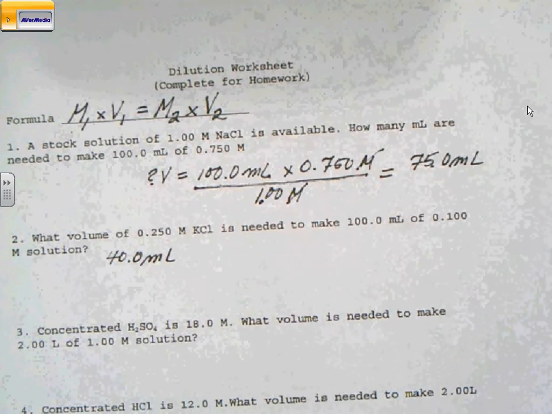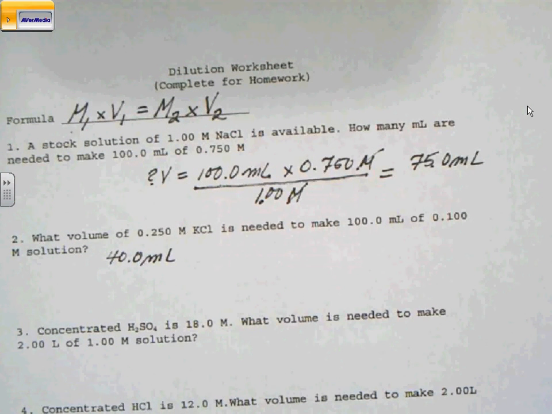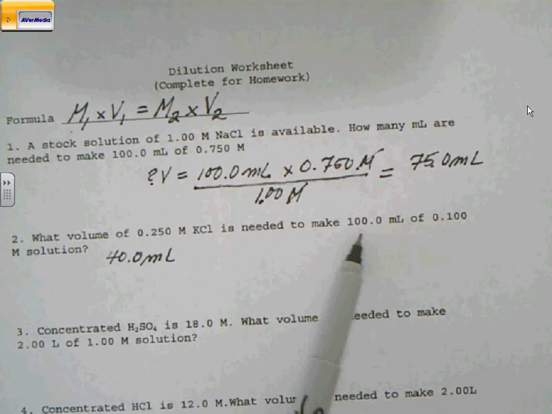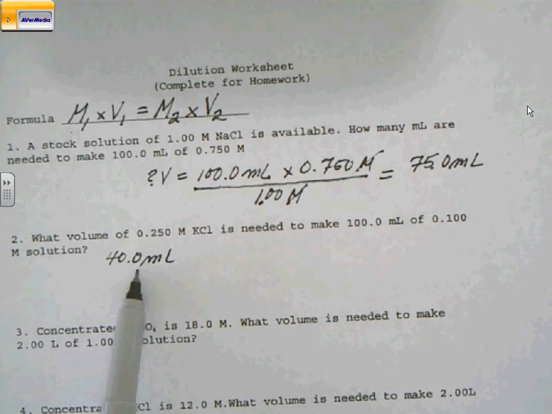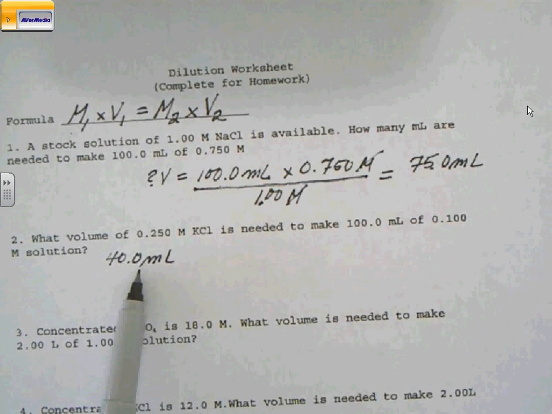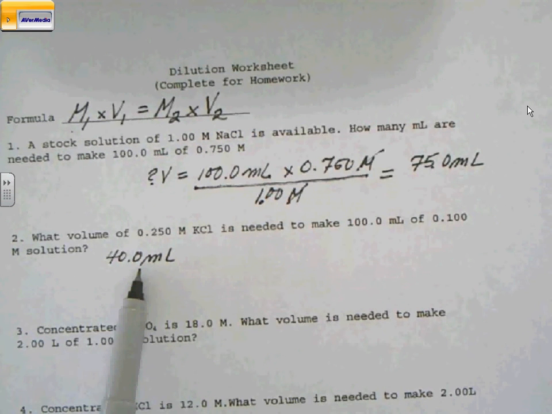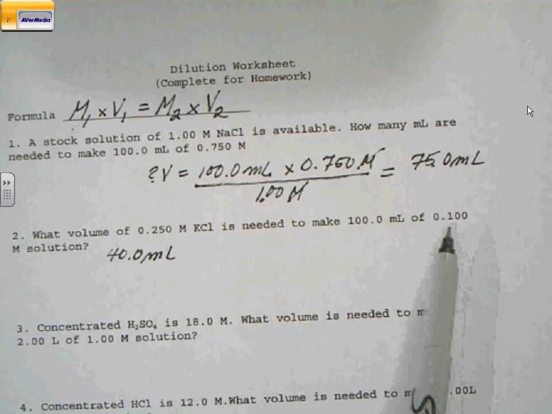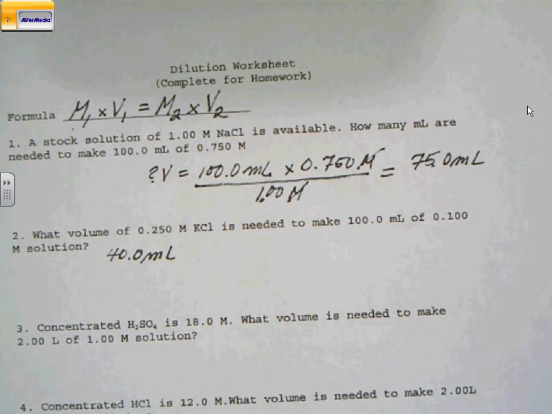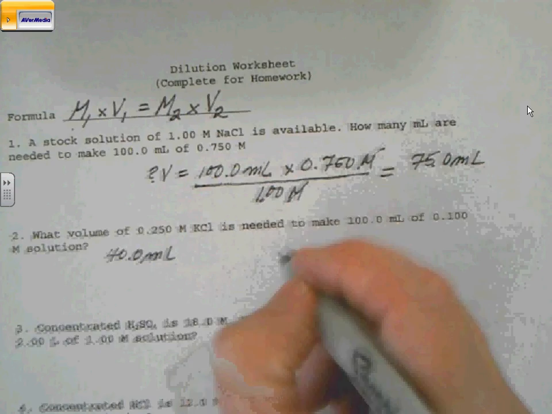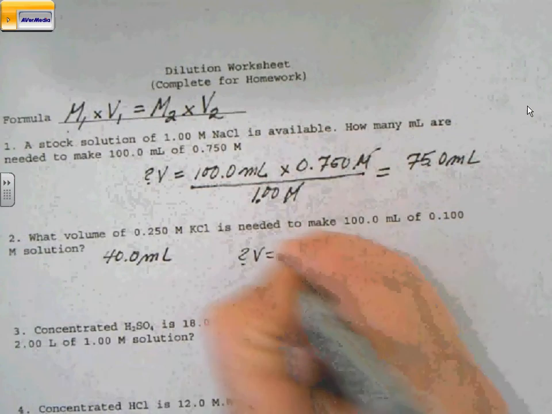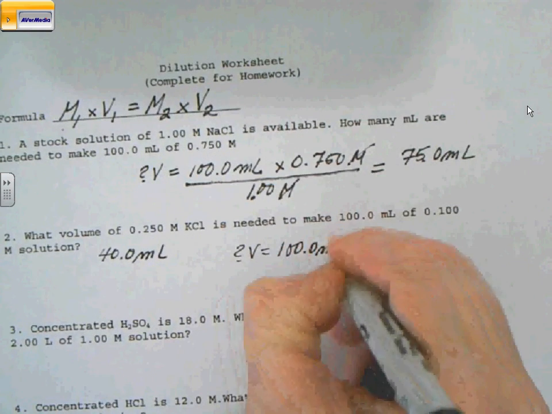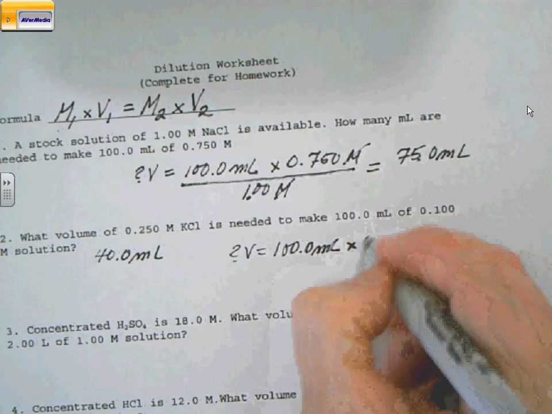So I'm going to take 40 milliliters of the 0.25 potassium chloride and add 60 milliliters of water, and now the concentration is 0.1. It's weaker. How would you set that up? You would set up the unknown volume equals 100 milliliters of the second times the concentration of the second divided by the concentration of the first. And it gives you 40.